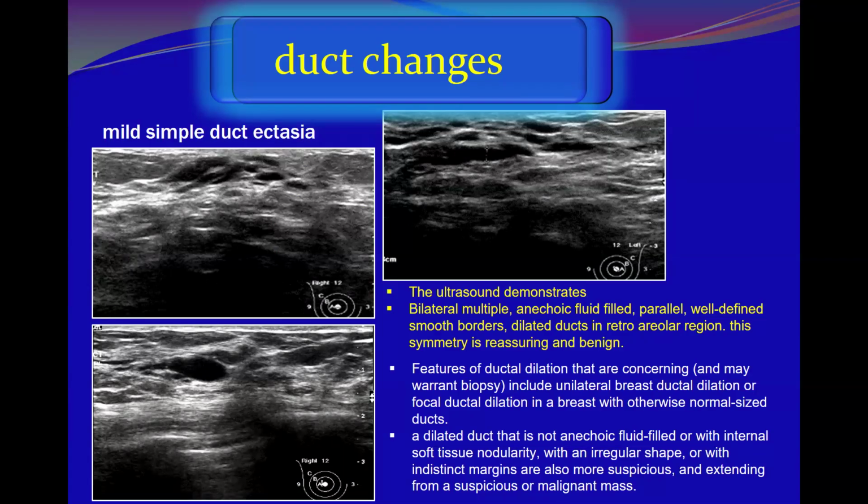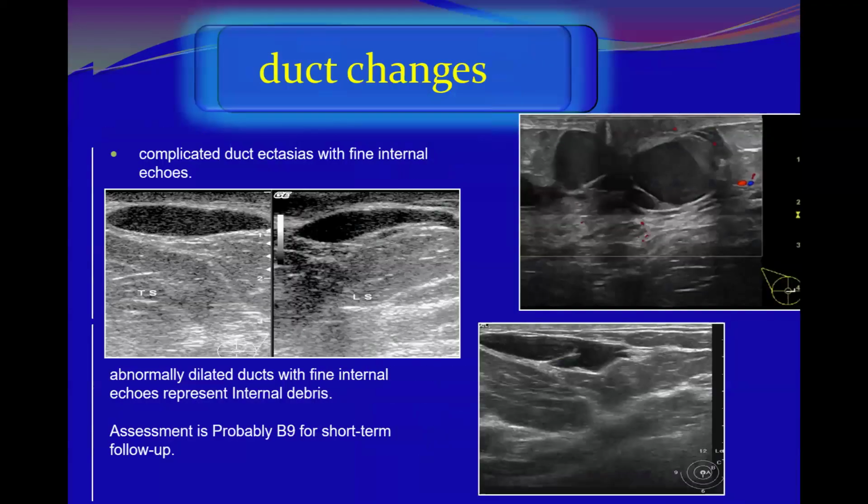A dilated duct that is not anechoic, a complicated type, if there is internal component, not fluid filled ducts, with nodularity, with wall thickening and irregularity, with indistinct margins or other suspicious features, okay? Or if the duct is extending from or adjacent to a malignant mass, then it will be suspicious.